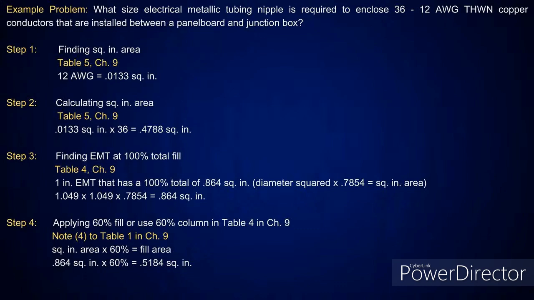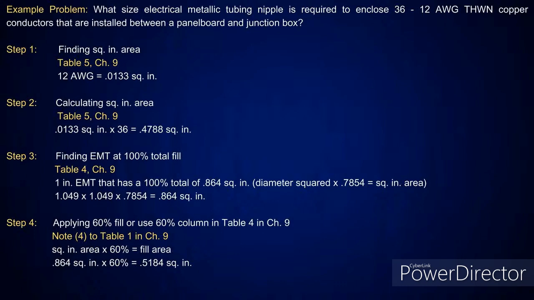Well, one of the things we did is to come in and show everybody how all this actually works, and we even show you when you're finding EMT at 100% fill. If you look at it, it'll tell you how do I know what the fill is for 100%?